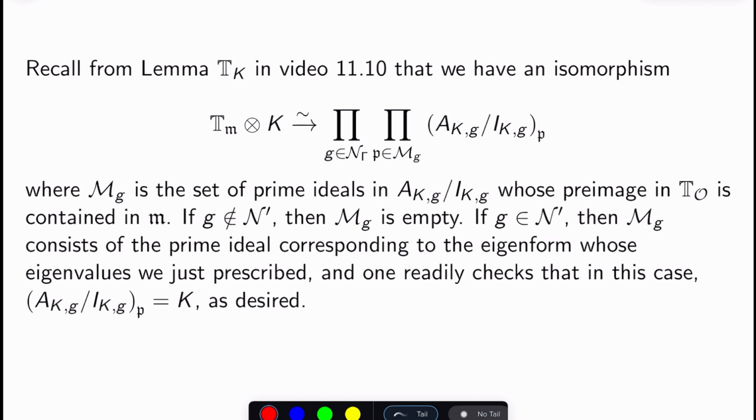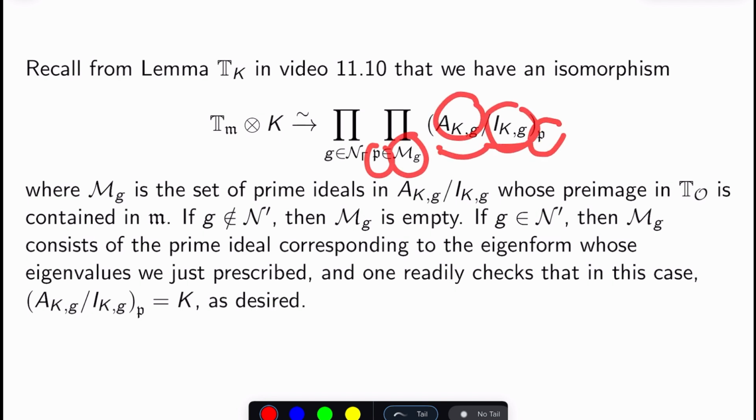Let's remember some notation here. This fancy M sub g is the set of prime ideals in A sub Kg mod I sub Kg whose preimage in T sub O is contained in frak m. So you're going to have to go back to that video to get all of this notation because I can't review it here. But we have all this notation already. I just told you what this is and what these are. This was a certain guy contained here.